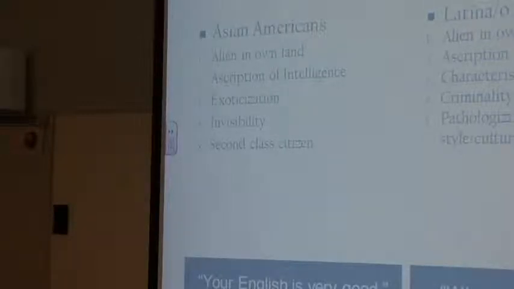And then we have ascription of intelligence, and I like the example with Asian Americans because it's not what we find with other groups, which I'll talk about. This is where it also comes across as a compliment. Asian Americans are very much stereotyped as being really good at what?